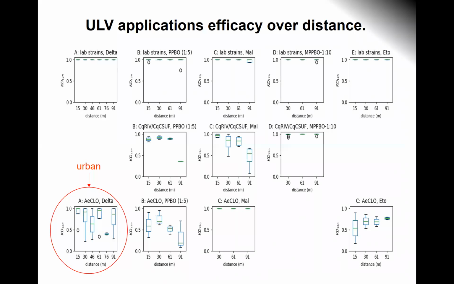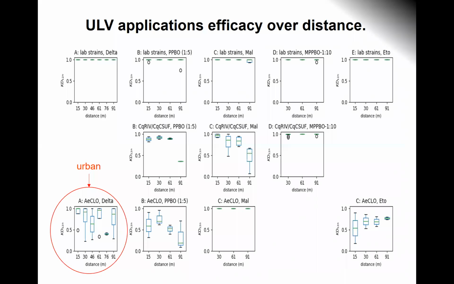And that's because you've got walls, you've got houses, and you've got trees. And all of this interferes with the movement and penetration of the insecticide. So this is a very, very important aspect to look at further down the line, because CDC is not really interested to know what control we get in open trials. They want to know what control we're going to get in urban situations with the diseases.